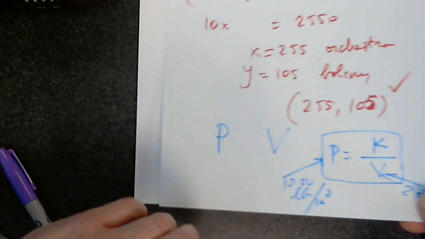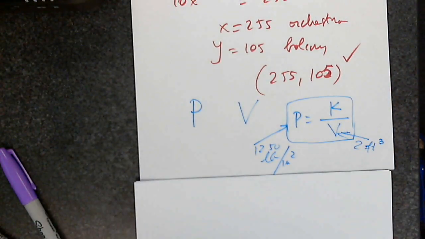Nope. No. Very good point you're making. It says we have to keep the measurement units we are given, so we don't have to convert anything. If a gas exerts a pressure of 1,250 pounds per square inch when the volume is 2 cubic feet, why is this information given to us?